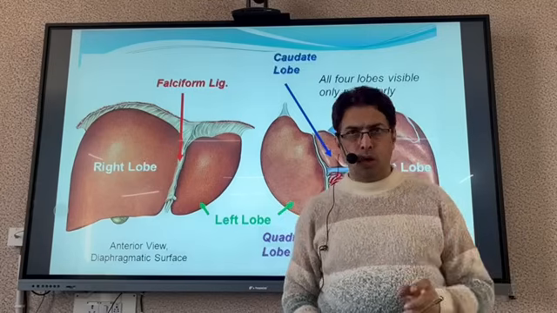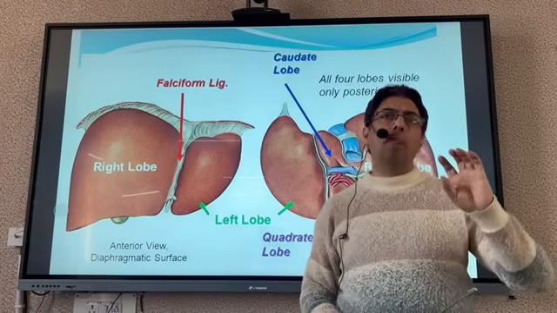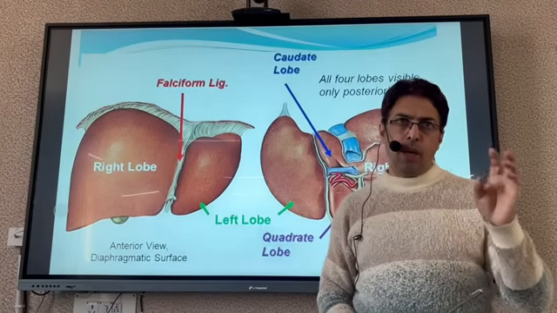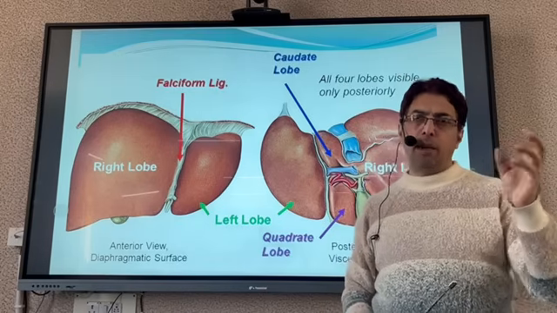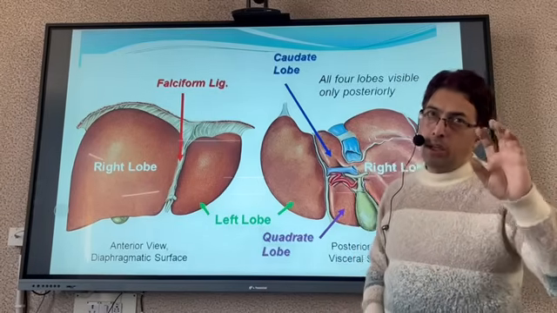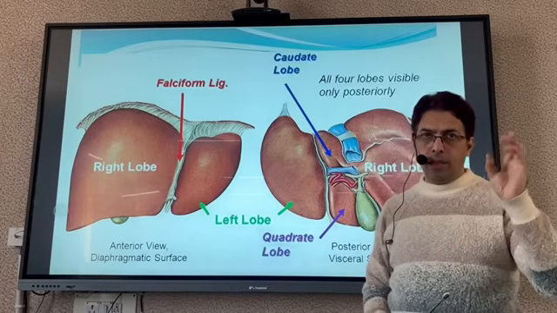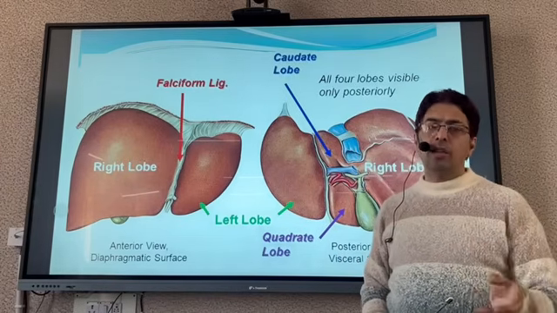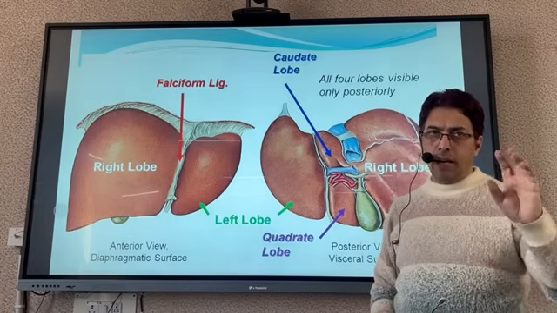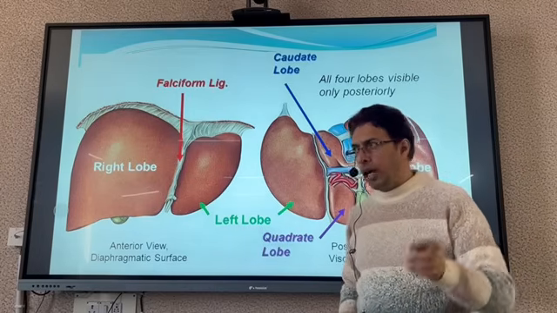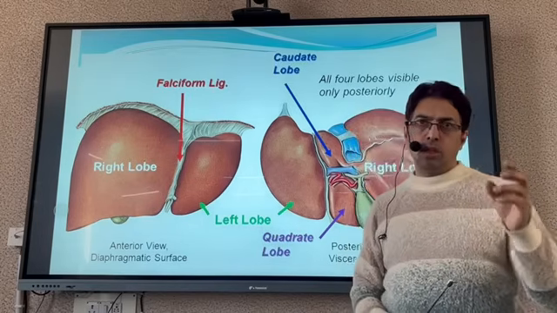There are types of cirrhosis: micronodular or macronodular cirrhosis. Micro is of lesser severity, macro of greater severity. In that also the consistency of the liver changes, and that is detected on scans as well as ultrasounds. So that is about the consistency of the liver.